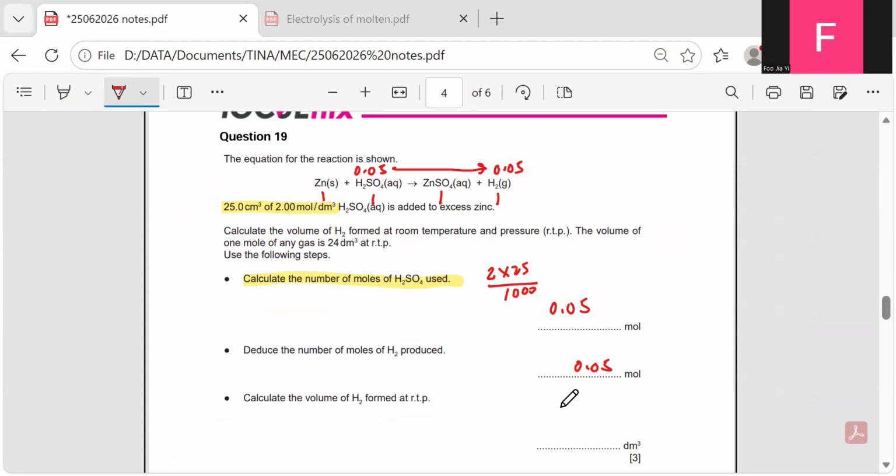Okay. So volume is amount of moles multiply molar volume, 24. So you will get 0.12, is it? Or 1.2.